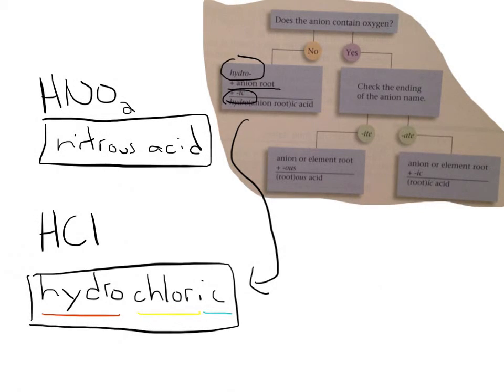So let's try one more. Alright, let's take a look at this acid. This is an acid that was made famous in Breaking Bad. And if you're a fan of Breaking Bad, I'll talk about which episode it was and what happened here. But let's first talk about naming it. So this is HF, so we go to the flow chart. Does the anion contain oxygen?